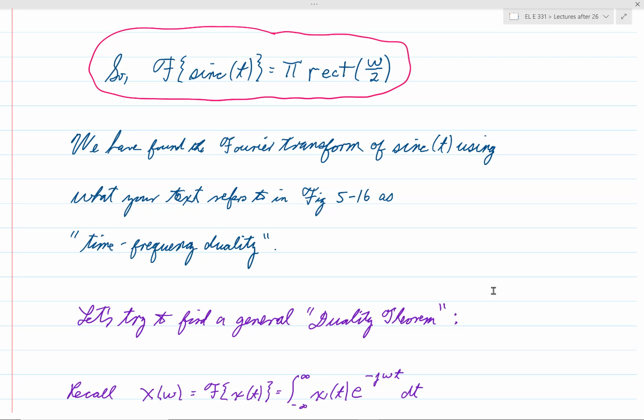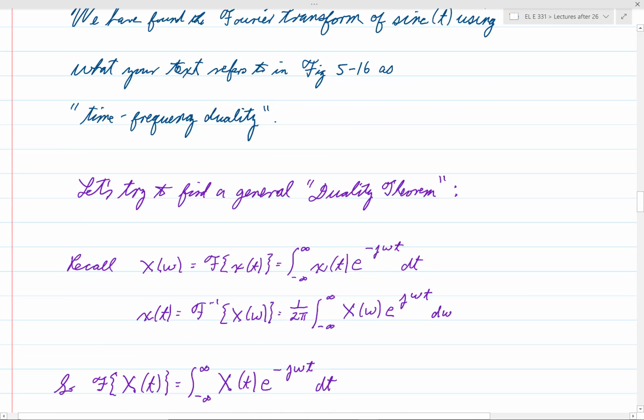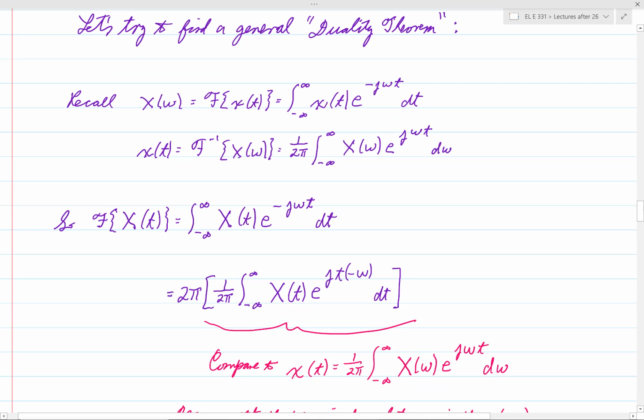So let's see how it goes. It's going to use time frequency duality, but it summarizes everything much more compactly than what we did above. Okay, so recall that the Fourier transform of x of t is denoted as capital X of omega.